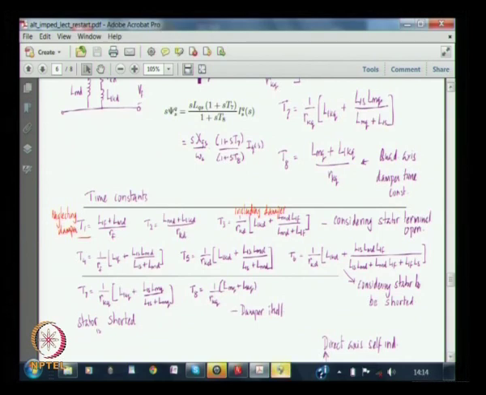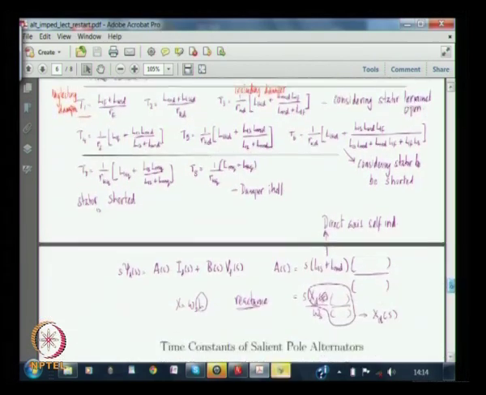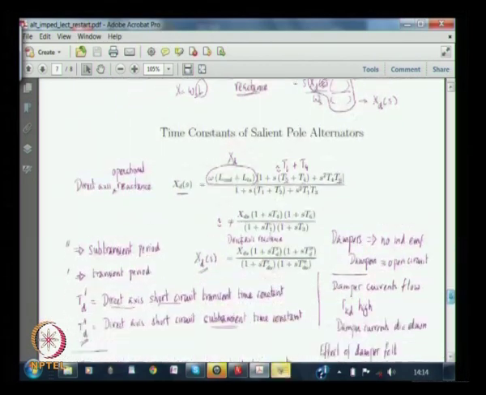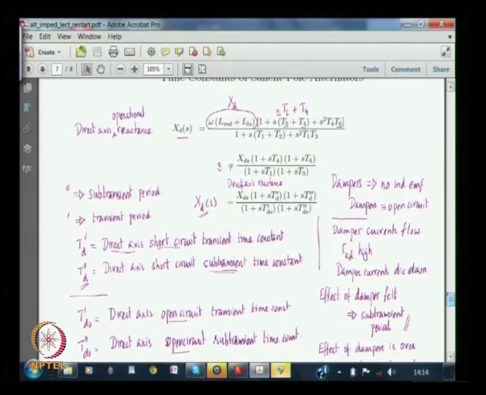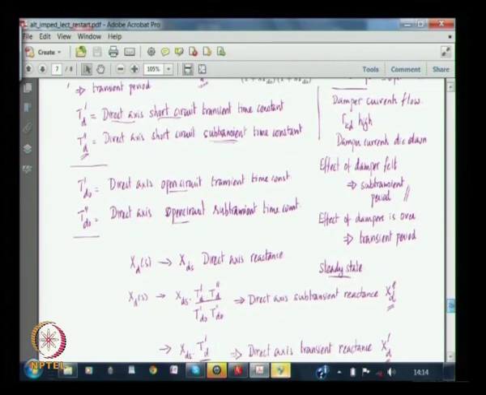So we have open circuit entries and then closed circuit ones.